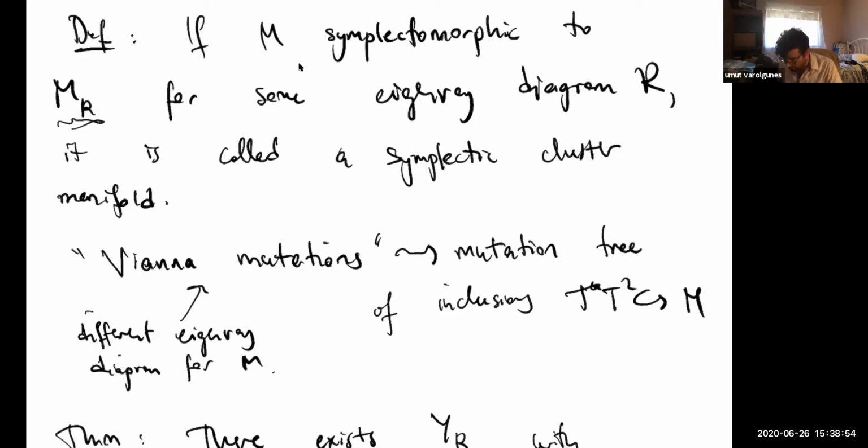The way to see that is you do some kind of mutation, where you move some of the nodes far enough along their eigenrays so that you can make a branch move to one of the nodes that you chose. Once you do that, you obtain another eigenray description of the same manifold and another inclusion of T star T2 into the same manifold.